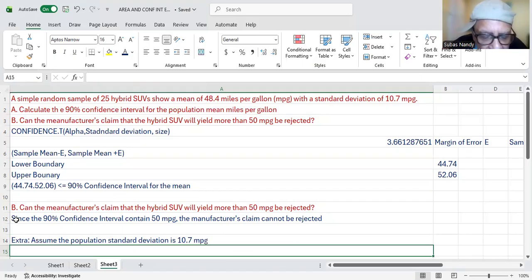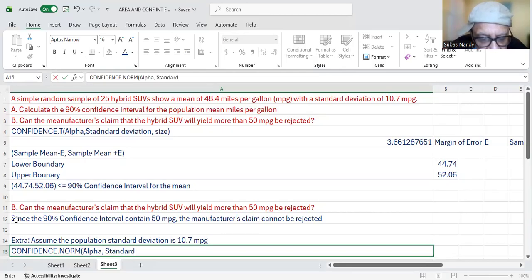Now the calculation will be CONFIDENCE.NORM, and inside the parenthesis will be alpha, standard deviation, then size, everything separated by commas.